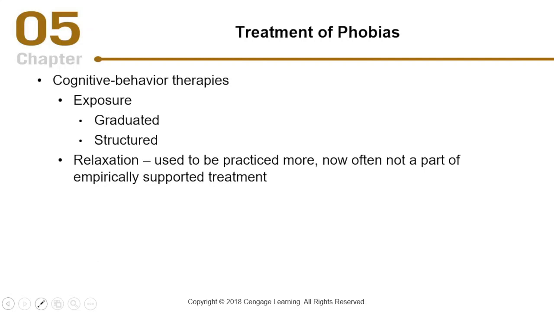And we also have the exposure, so either graduated or structured exposure. So the two are systematically planned out for systematic progression through the hierarchy of feared situations. Like for example, someone who fears spiders would first look at the picture of the spider, then watch videos of the spider. Pag okay na siya sa picture, videos naman. Then, ilalagay na siya sa room with a spider, pero nakakulong yung spider.